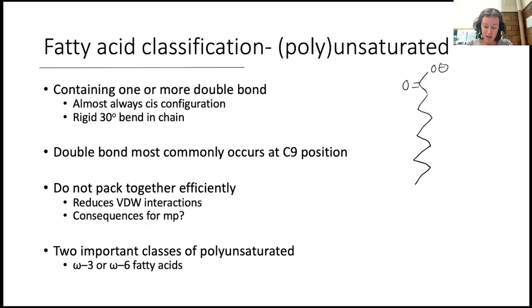Okay, so let's say we have a double bond here. If this double bond is going to be cis, I need the next bond to come off in the same direction as the other alkyl chain, right? So let's draw this as best as we can. And then we just continue the chain.